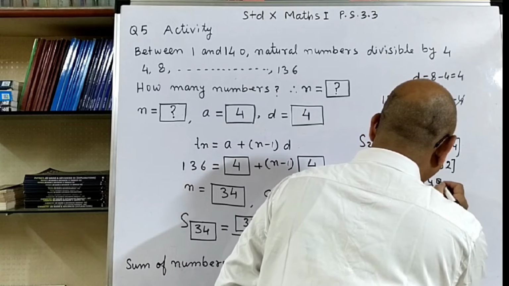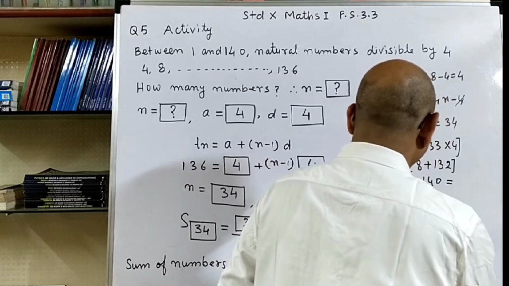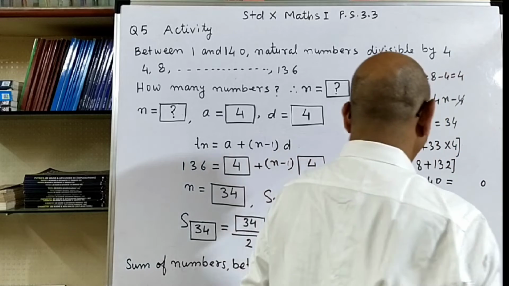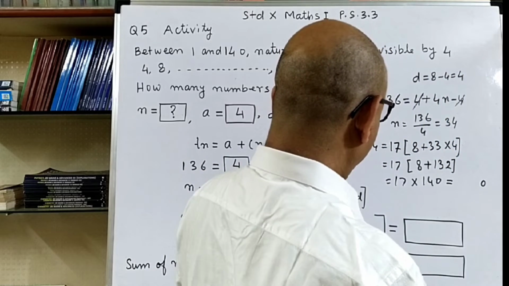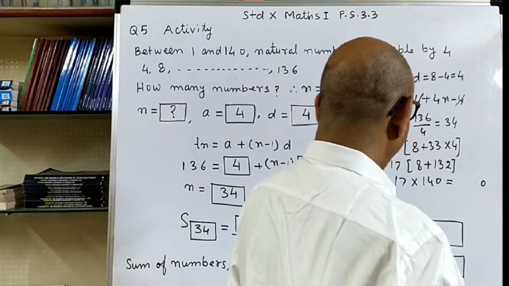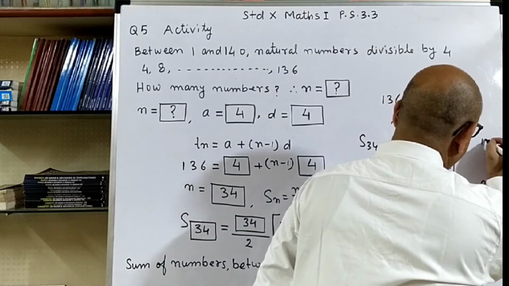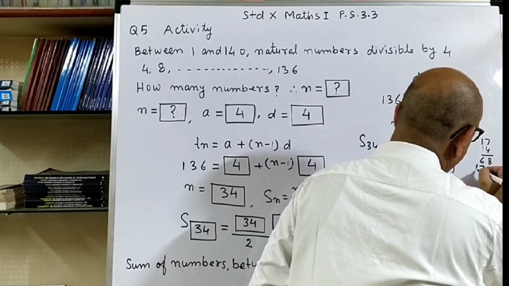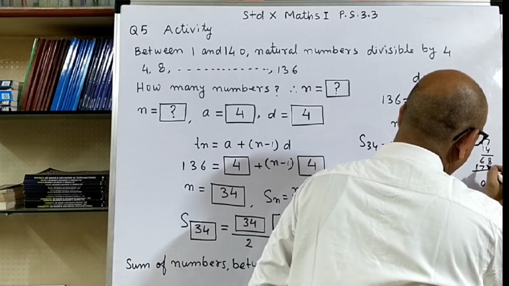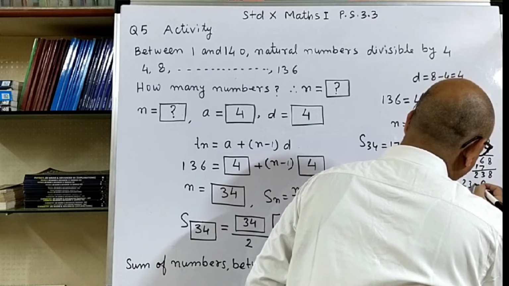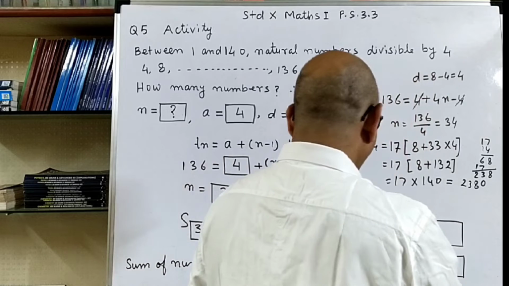That means 17 into 140, which is equal to 2380.